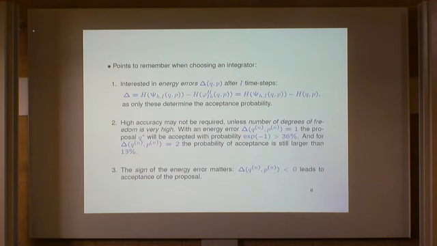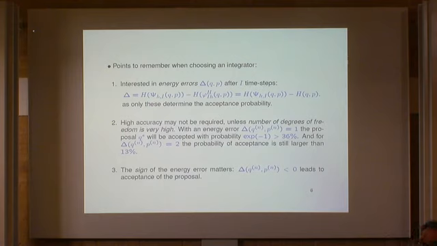Then the thing is that high accuracy is not required, because according to the recipe for computing the acceptance probability, even if you make an energy error of 1 unit, yesterday we saw those errors, they were 10 to the minus 8, even if your error is 1 unit, you still accept with probability larger than 36%.